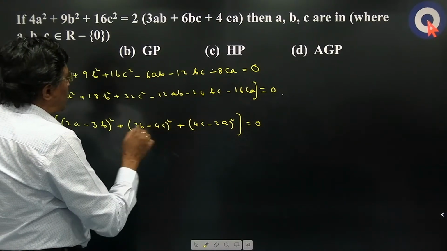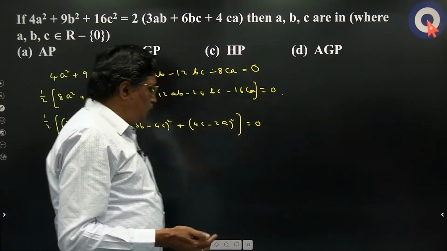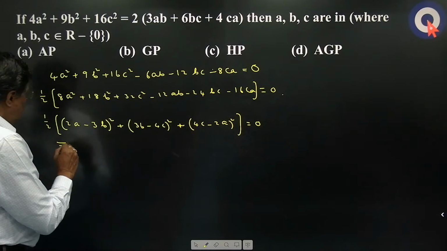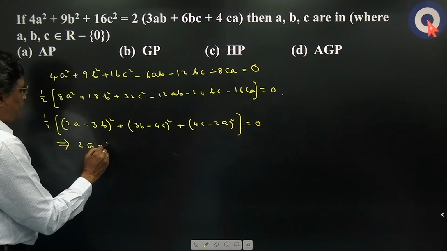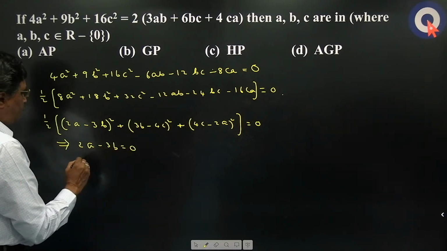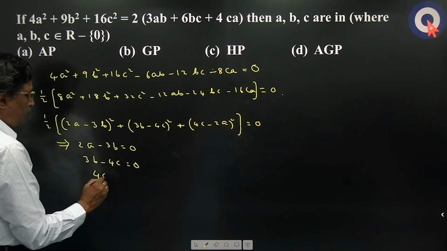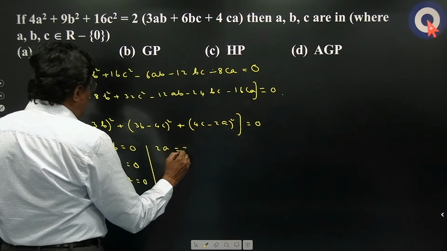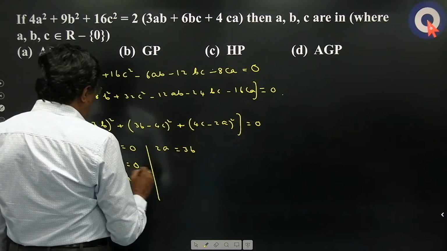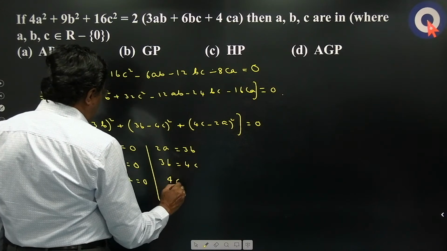So sum of three perfect squares can't be 0 unless those quantities are equal to 0. So this everyone knows. So therefore, at once you are getting 2a minus 3b is equal to 0 and 3b minus 4c is equal to 0 and 4c minus 2a is equal to 0. So 2a is equal to 3b and 3b is equal to 4c and 4c is equal to 2a.